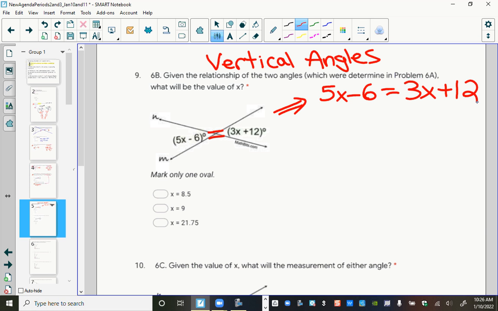If you have questions, let me know. Remember, bring it to the other side. The plus or minus 3x. That's right.